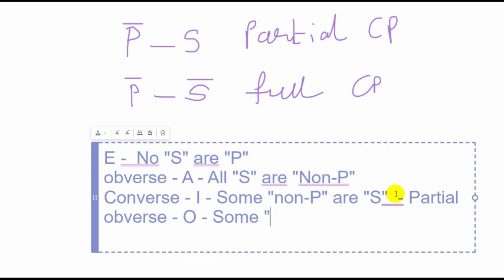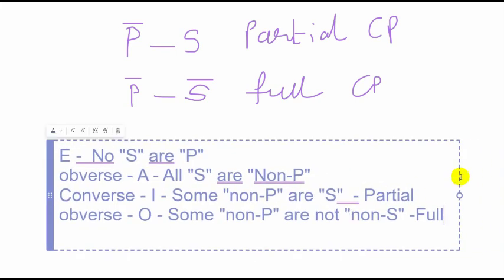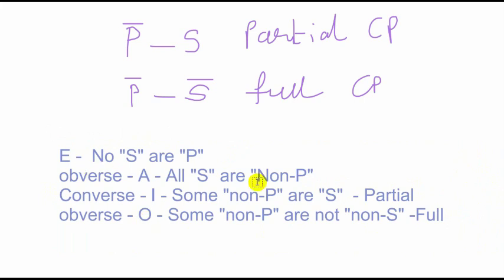So some non P are not, and the predicate part here will be replaced by its complement, non S. This is the full contrapositive. Go through this again. Take your time, go through this again.